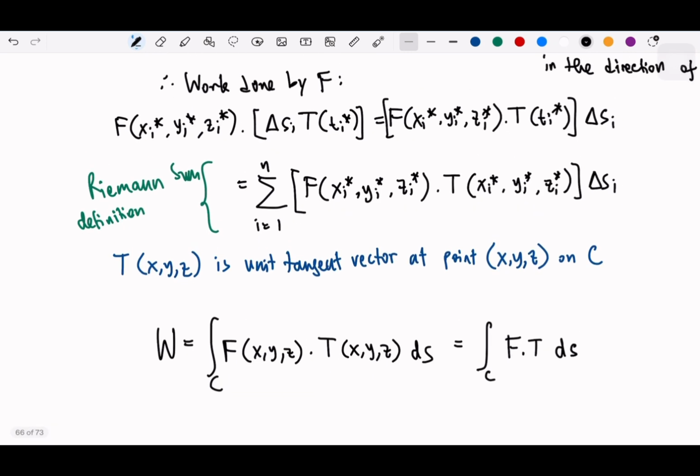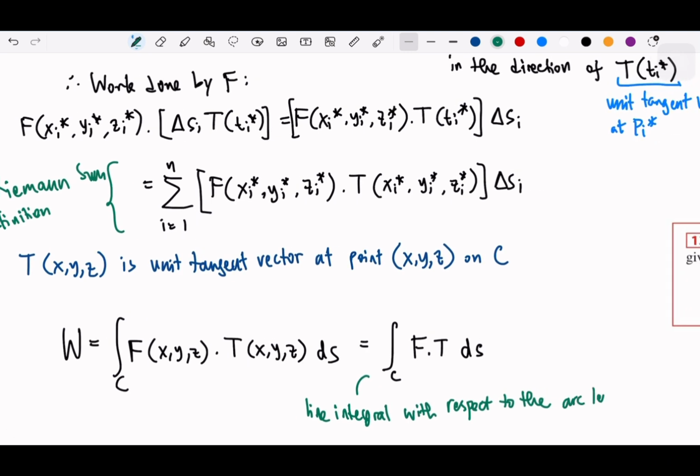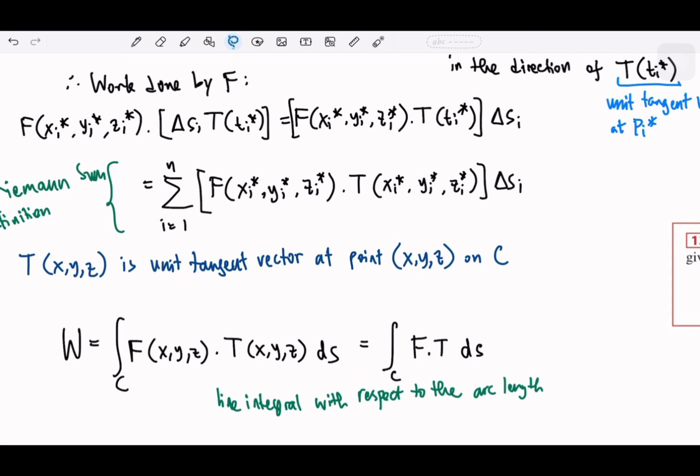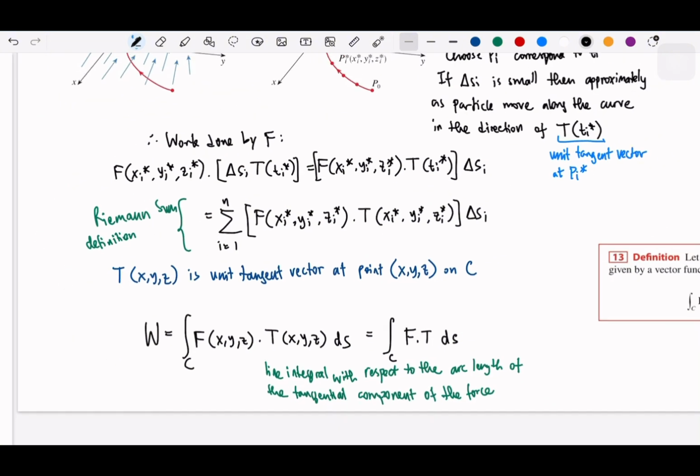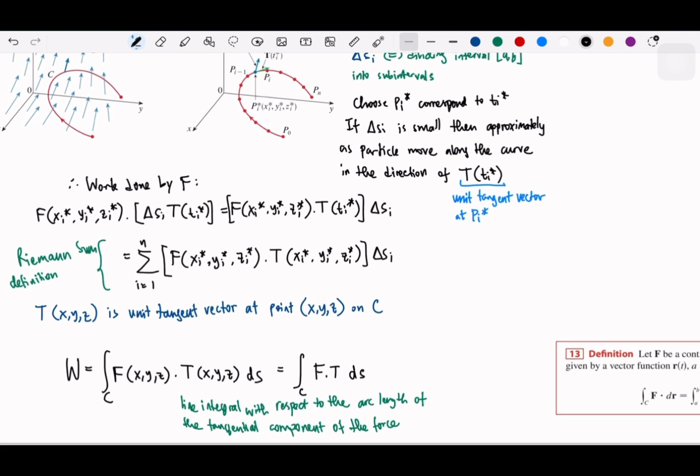So this means that the work is a line integral with respect to arc length, let me write completely, of the tangential component of the force. Okay.